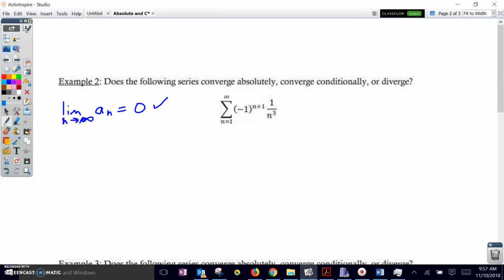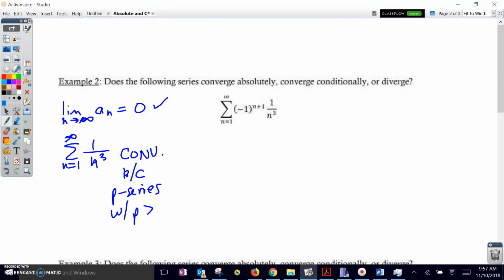So it's inconclusive. Then I'm going to test and see if it converges absolutely. The sum from n equals 1 to infinity of the absolute value of this series, that's this series here, converges because it's a p-series with p greater than 1.